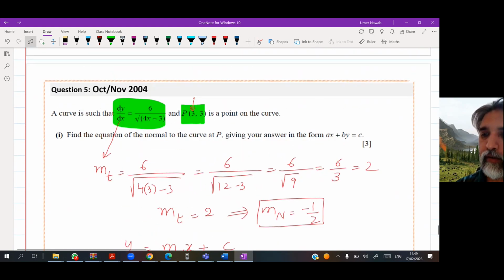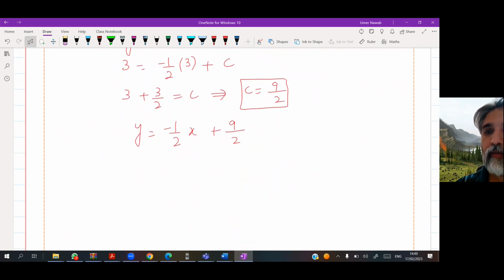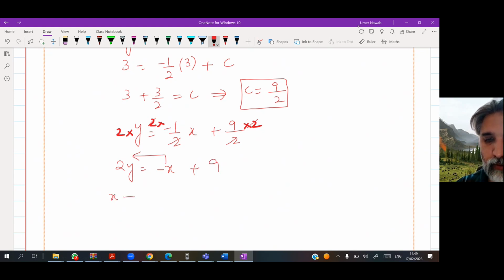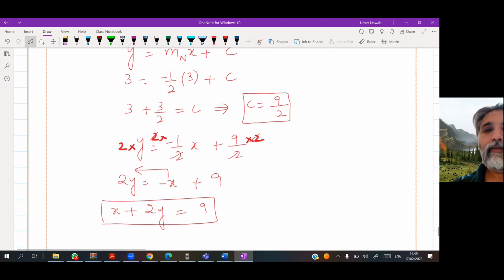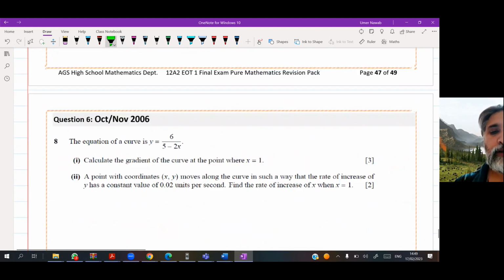Since the examiner is asking you to get the form like this, I'm going to multiply by 2, so it helps me write the answer. The 2 cancels: minus x plus 9, send it to the left. So x plus 2y is equal to 9. That's the final answer for this question.